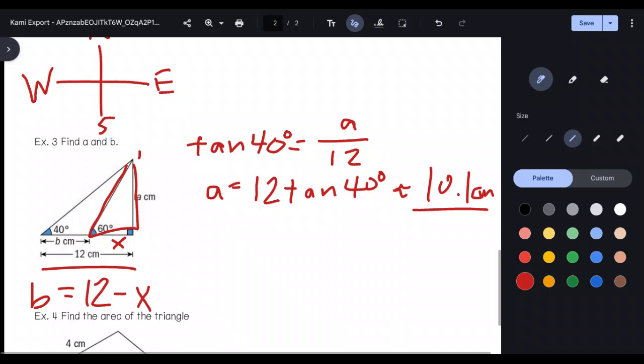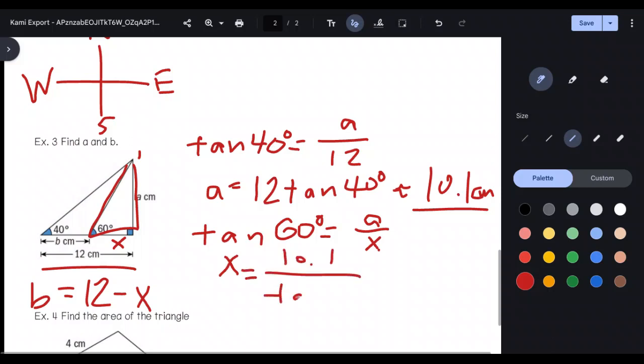All right, so in order to find X, we will use tan again, and hopefully you get that tan of 60 degrees is equal to, again, opposite over adjacent, so A over X. And now that we know the value of A, which is 10.1, we can solve it out, and we get that X is equal to 10.1 over tangent of 60 degrees, and that is about 5.81 centimeters.